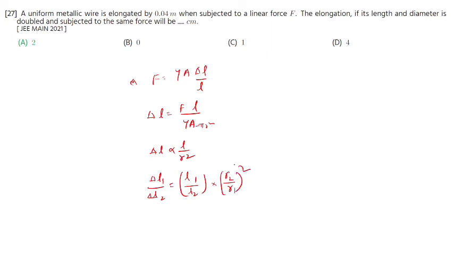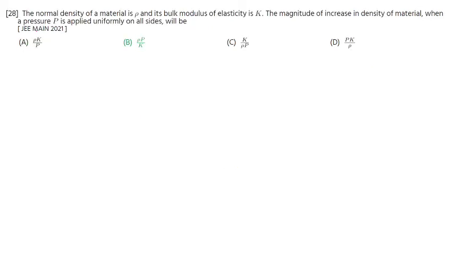After substituting the values, we will get the elongation delta L2 is equal to delta L1 divided by 2, but delta L1 is already given in the question as 0.04. We will substitute, so we will get 0.02 meter. But see, the options they are asking in centimeters, so delta L2 is equal to 2 centimeters. That is option 2. Now see the next question.